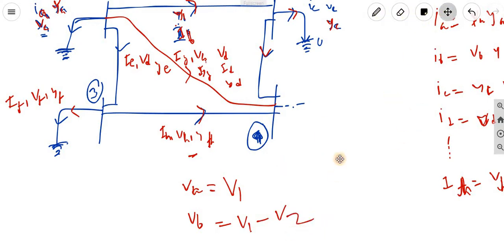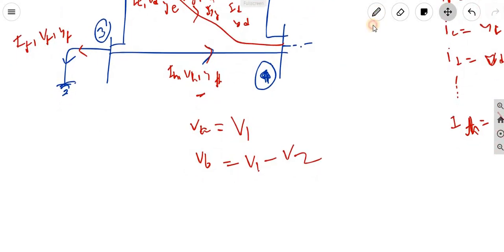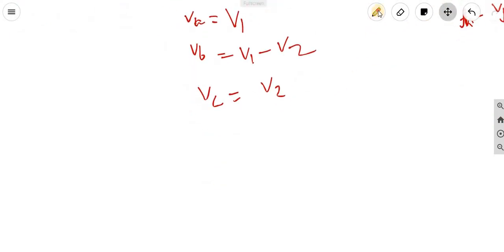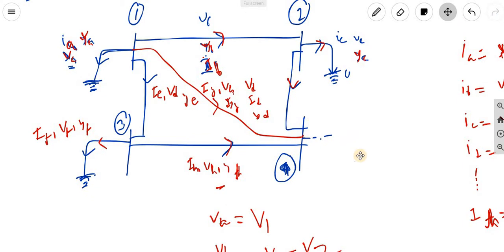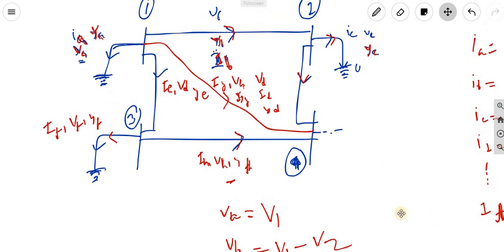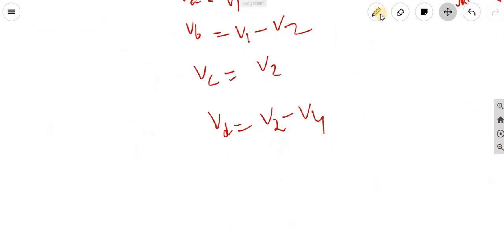VC is V2, and VD is V2 minus V4, I guess. This one VB, and VE, V1, V3.